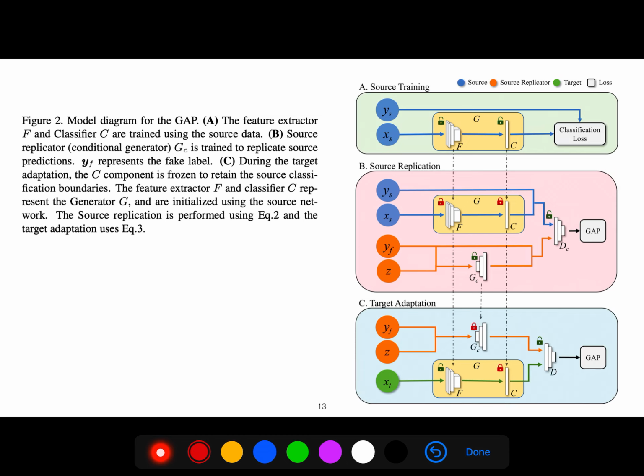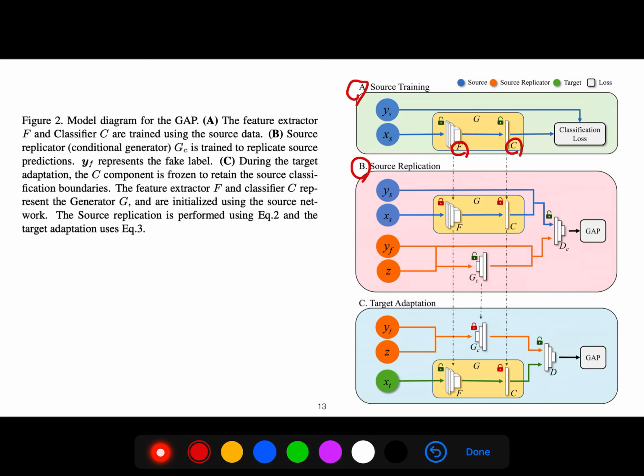So you see the model diagram for this: in A we are just doing source training of the feature extractor F and C. Here C is the classifier and F is the feature extractor. And in B, we have source replication.